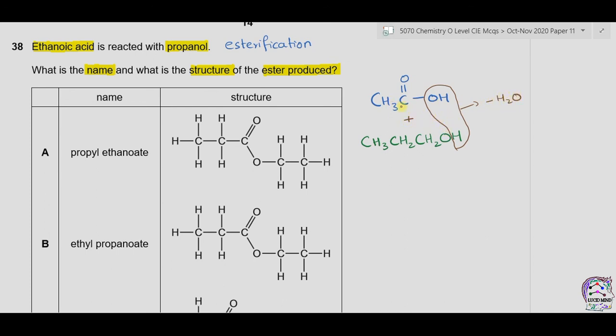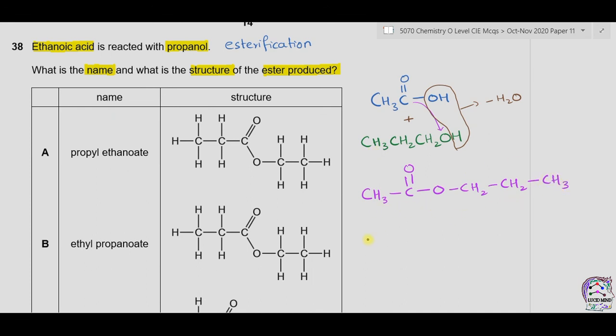And after removal of water, the rest of the compounds attach to each other. So the product formed will be CH3 C double bond O, and after this the carbon will make a bond with this oxygen O. Then we have CH2, then CH2, and then CH3.